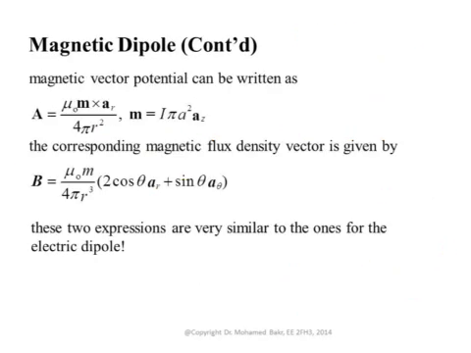So this small loop of current creates a magnetic vector potential given by this expression. And this is now the general expression.